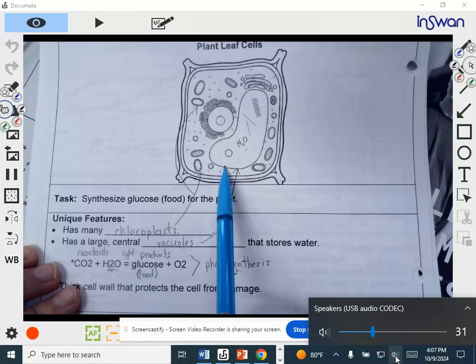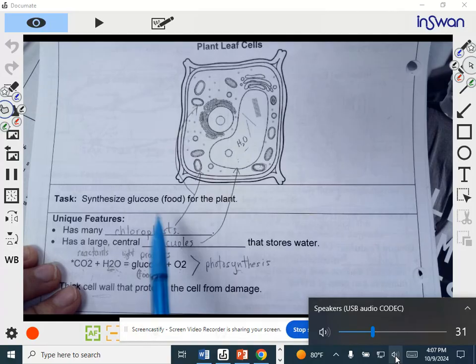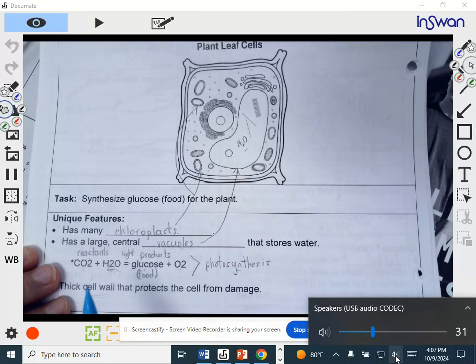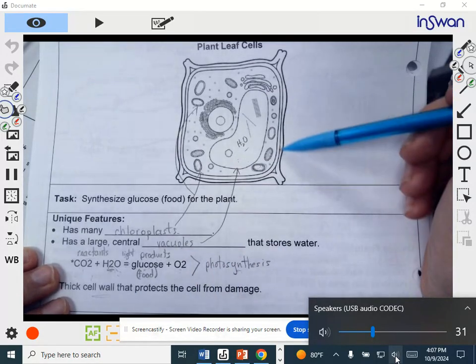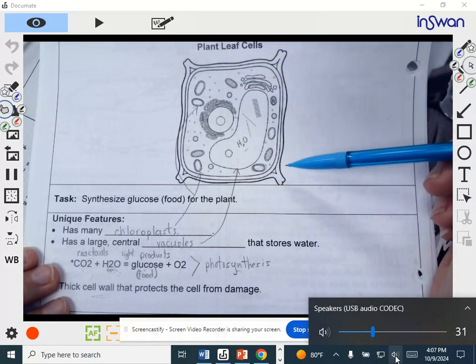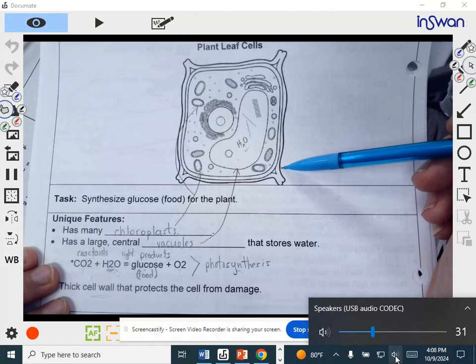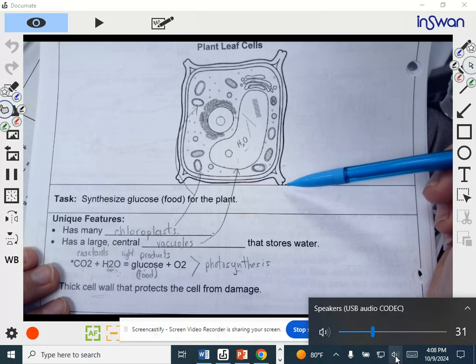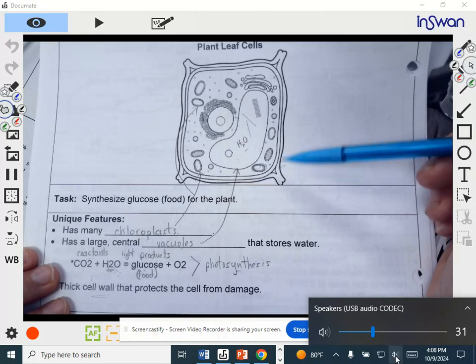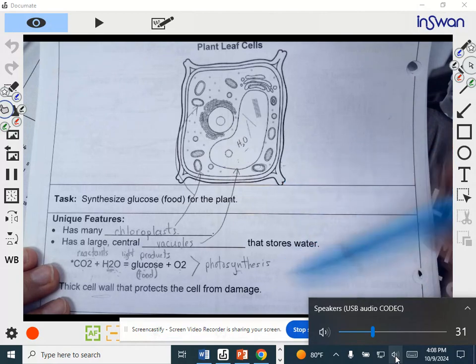So if it can store a lot of water, even if it doesn't rain for weeks at a time, then there's still going to be plenty of water so that plant can make its food, can make its glucose. Also notice that you're going to have a thick cell wall around this plant cell. The plant cells are exposed to wind and rain and hail and debris carried by the wind, so they have to have some extra protection around their cells. And so that's that cell wall.